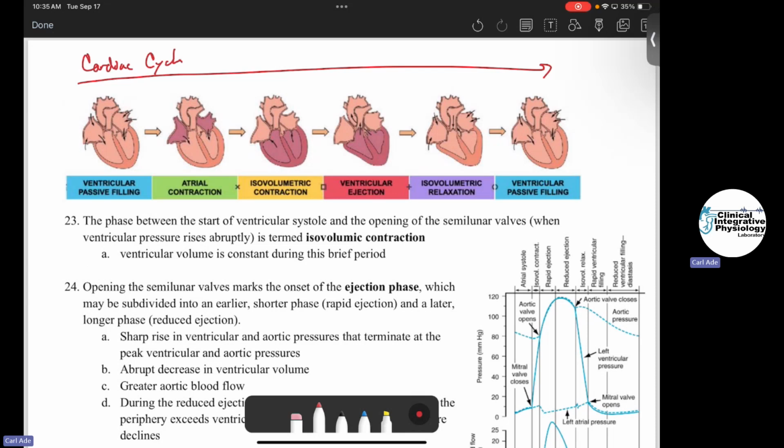There's no change. We're generating a lot of force, but there's no actual shortening of the myocytes. We're just generating some pressure. This is our isometric contraction. We then generate enough pressure that we can open the valves and we get ventricular ejection. We then have a period of isovolumic relaxation, and then we start the cycle back again with passive filling.